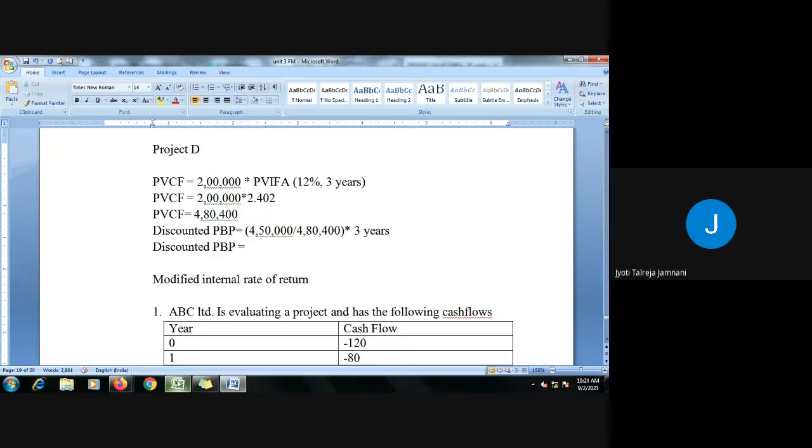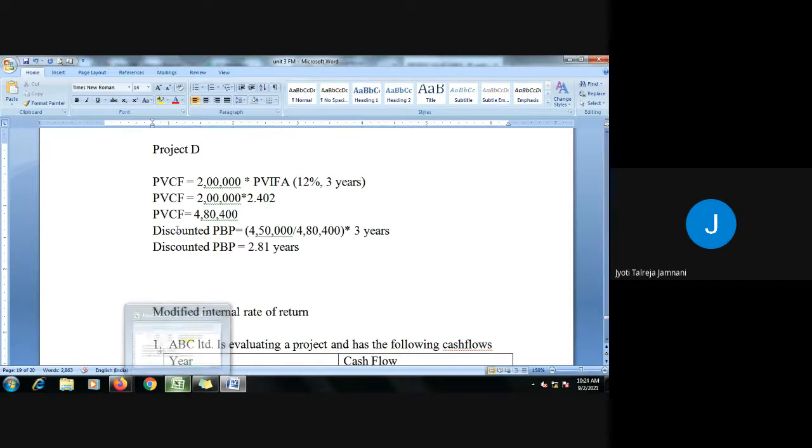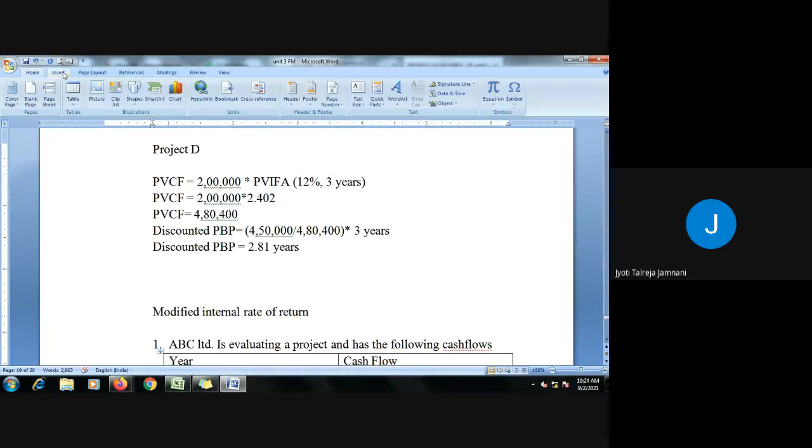If I do it, it's 2.81 years, which is close to 3 years. So these were the discounted payback periods for each project. They have asked us to rank the projects as per the discounted payback period.